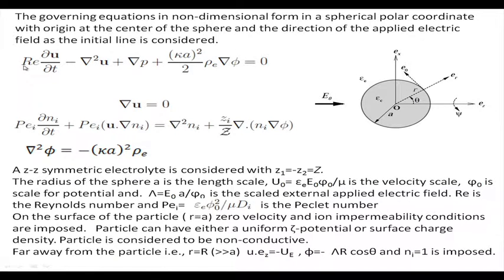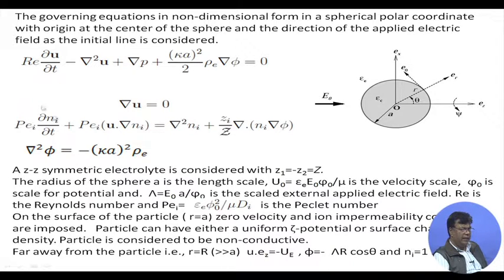One is the Reynolds number, although it will be very small, so one can neglect it. In fact, the convective inertia terms are already neglected. The Reynolds number is based on the velocity u 0, the viscosity of the medium and the length scale A, and the other is the Peclet number.